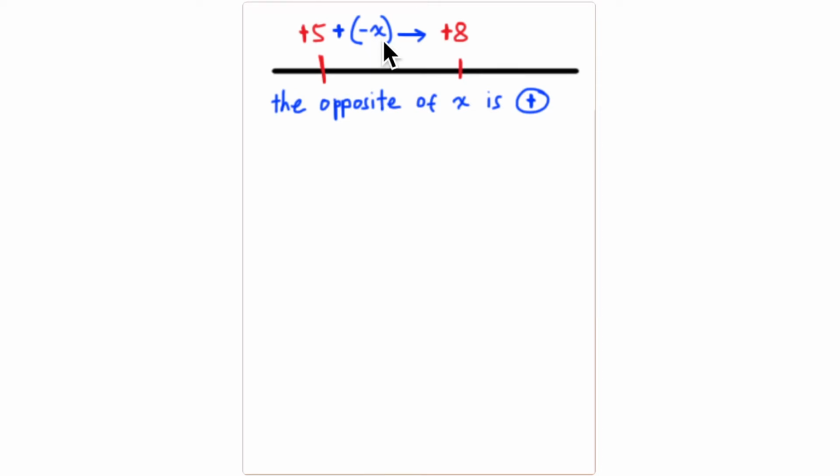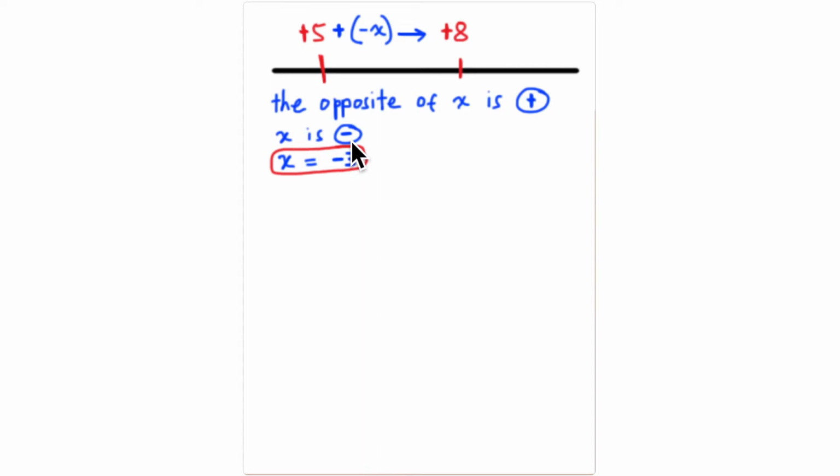That means that x has to be, and this is hard, it takes a while to kind of think through this, x has to be negative. So the opposite of a negative value is positive, and you're going to add a positive value to 5 to get to 8, and it's going to be a positive 3. So x equals negative 3, we know that from before.